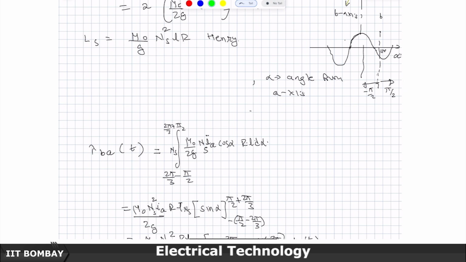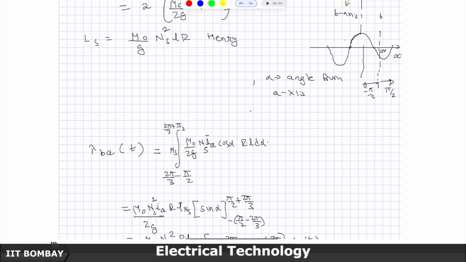So, now what is happening? Current is there in the A phase. What we are trying to find out is how much flux is linking the B phase. Ns Ia is the MMF, which is distributed in space as Ns Ia cos alpha divided by 2g.